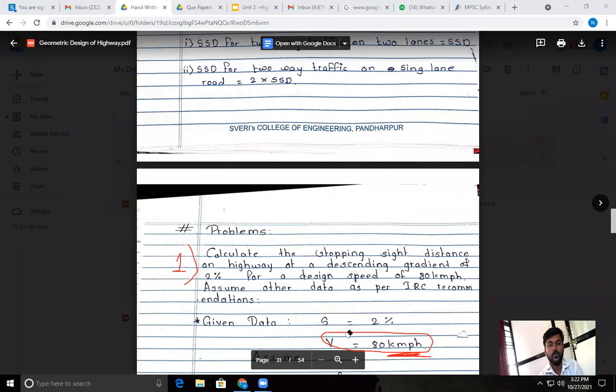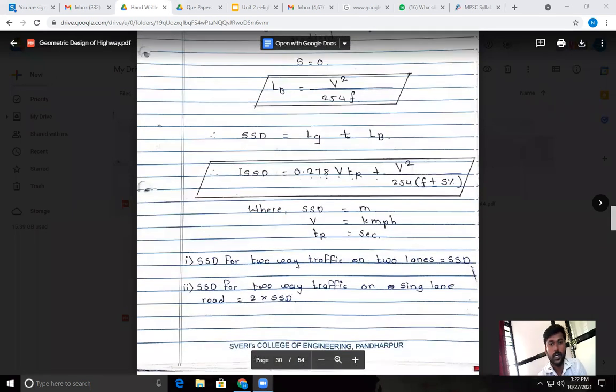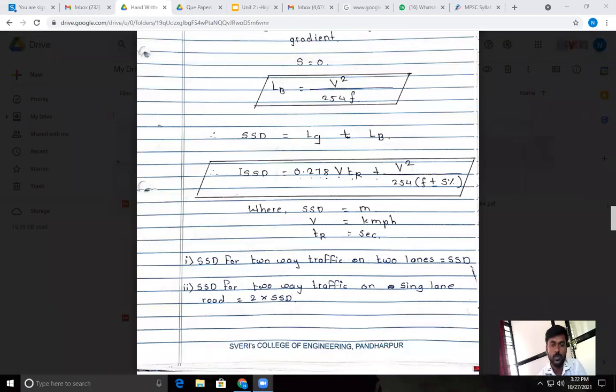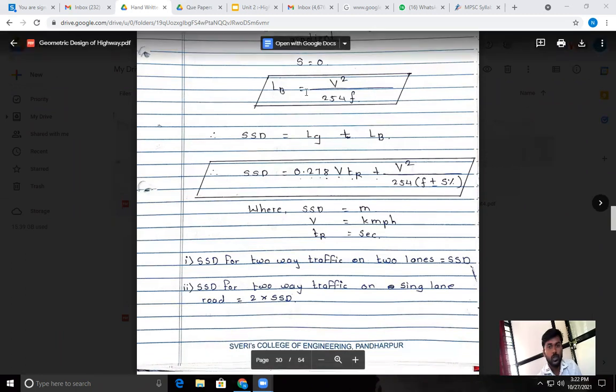What is that formula? SSD is equal to 0.278 VT plus V square upon 254 into bracket F plus or minus S. But see carefully what values we know.